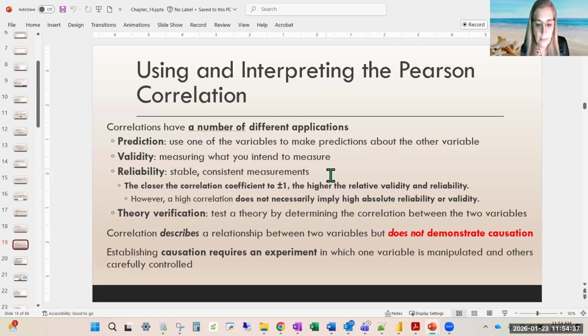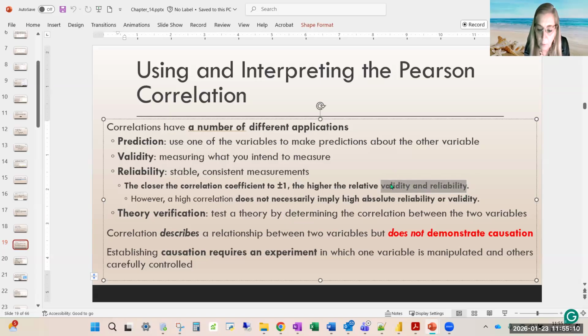So say I want to use a survey that others have used. I can look at their scores to see how strong the relationships are between their scores, and whether I would get similar results if I used that test too. Also, the closer the correlation coefficient to plus or minus one, the higher the relative validity and reliability.